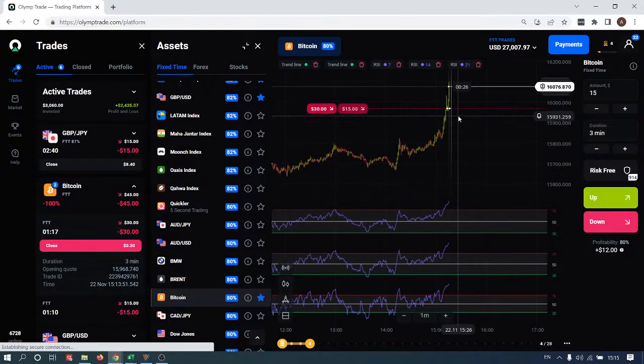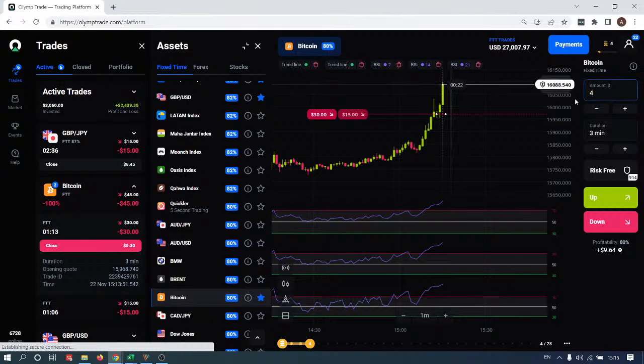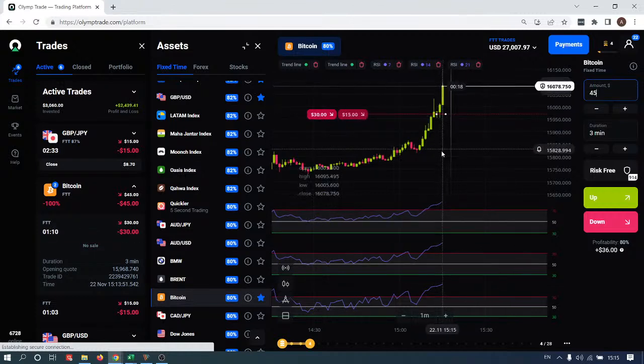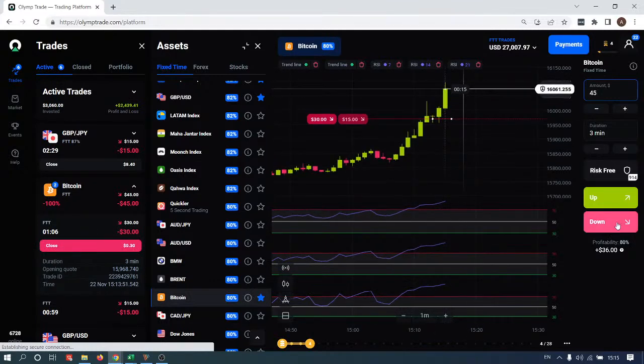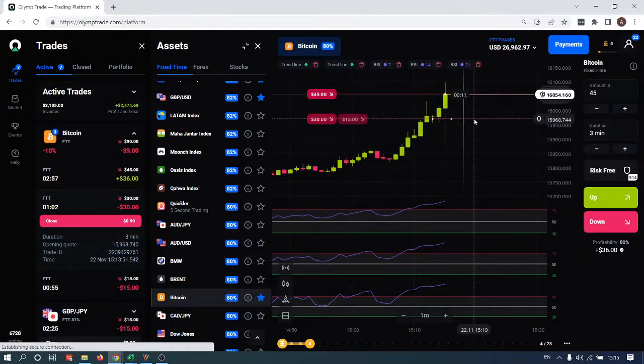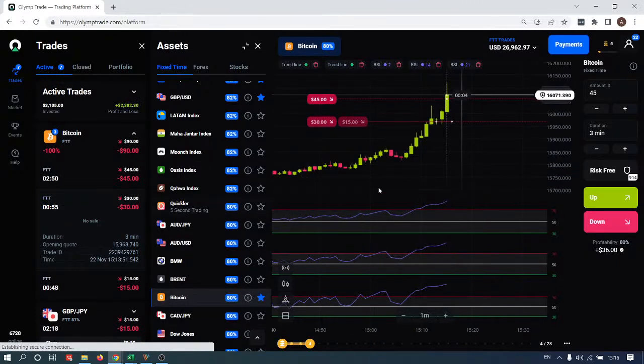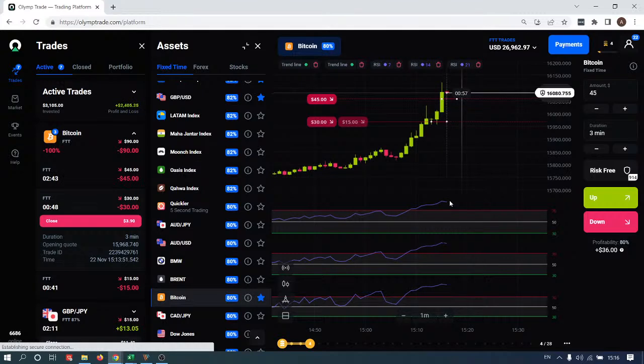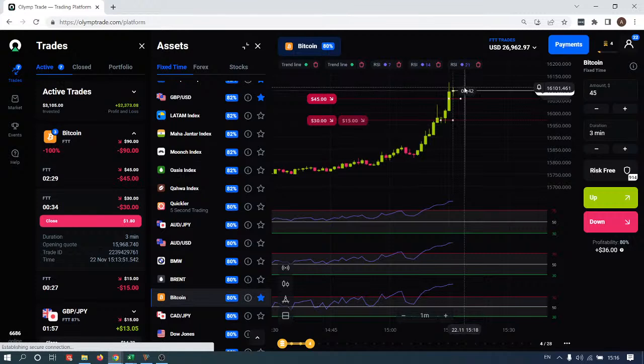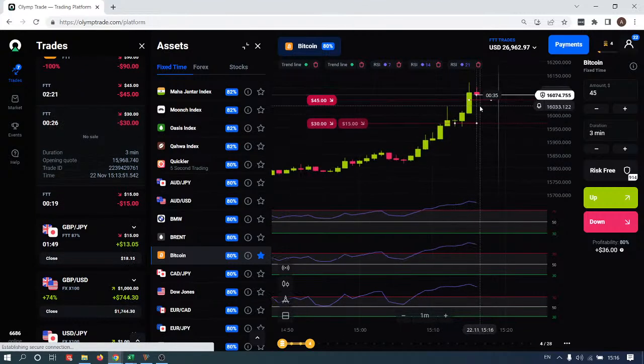All right, so we are overbought, and while the signal is there, you can open another trade to cover up the loss of the previous trade if you use this method of trading.